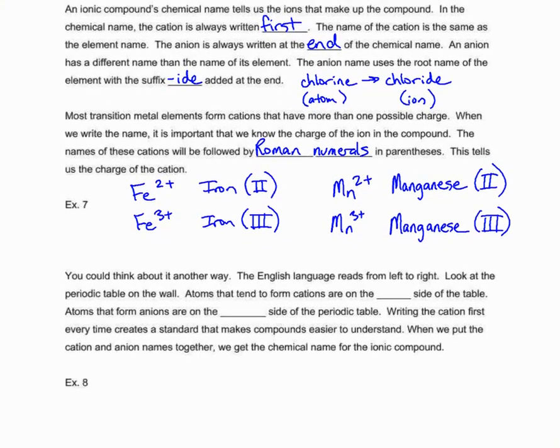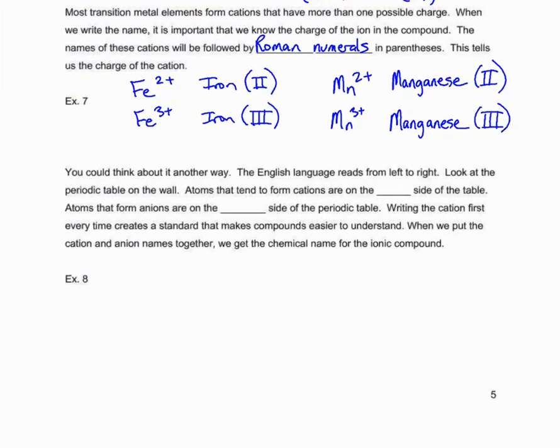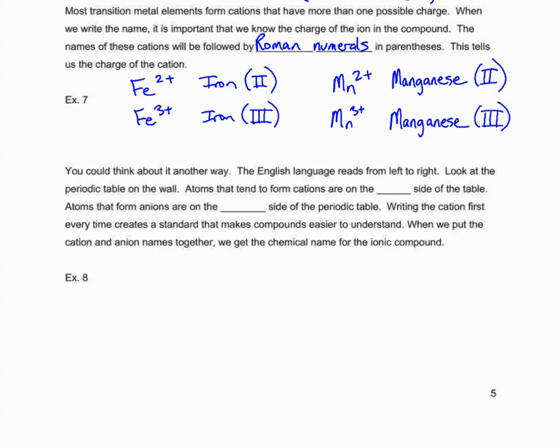So remember, the cation comes first, the anion comes at the end. You can think about it a little bit differently too. The English language reads from left to right. So look at your periodic table. If you're at home, look at your blue one. If you're in the classroom, look at the one on the wall.